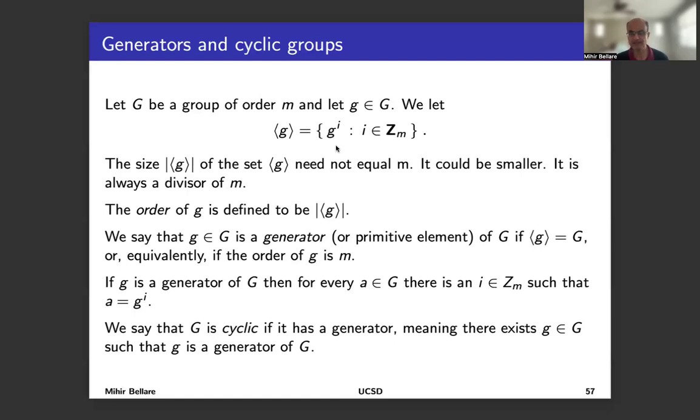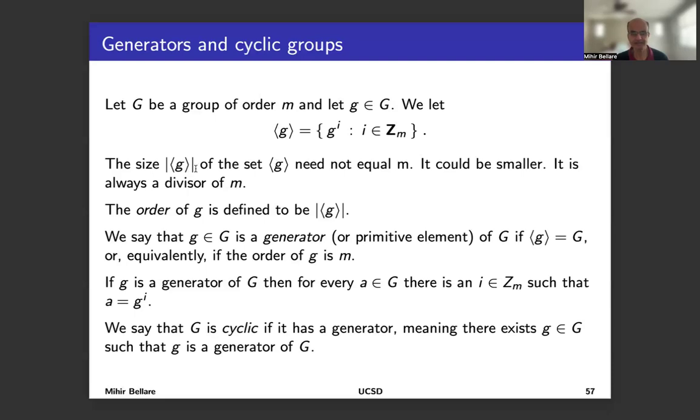However, we did see one result which said that you never really need to consider powers which are more than the group order, because at that point you just start looping around. So I may as well restrict the powers to the range 0 through m minus 1, the group order less 1, meaning in this set. And this angle bracket around g is then shorthand for this set of powers of g.